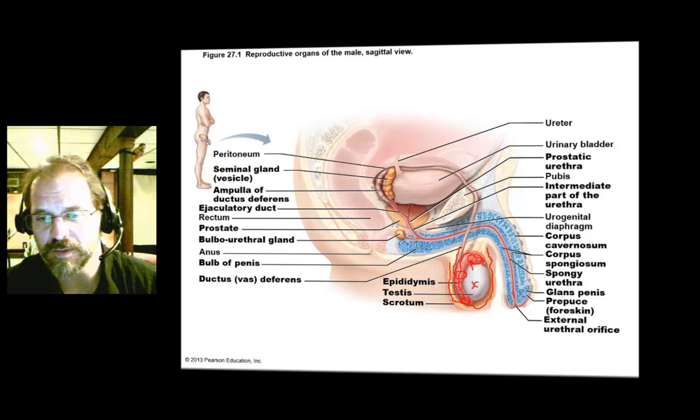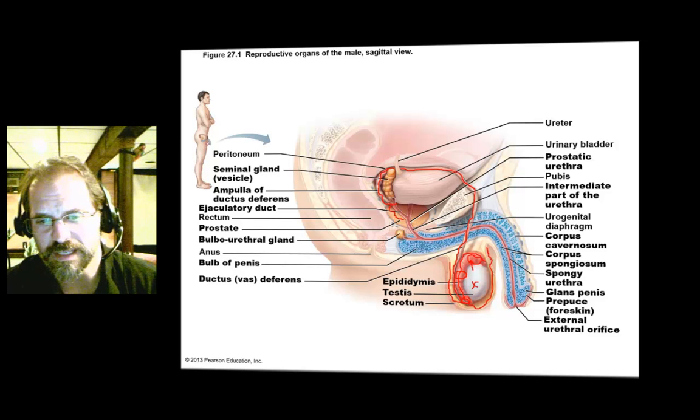It runs from the posterior of the testes up through the anterior body wall of the pubis, of the pelvic cavity, and over top of the pubis, laterally along the urinary bladder, squeezing between the ureter, coming from the kidneys, and coursing along the posterior of the bladder, and then until it gets to the base of the bladder where it joins what's called the ejaculatory duct.